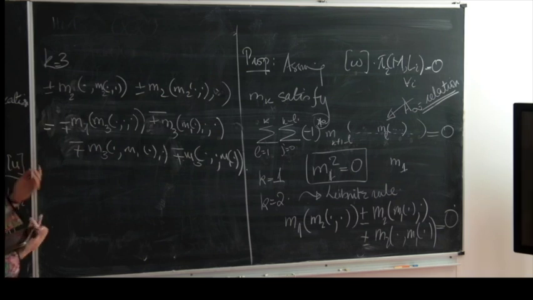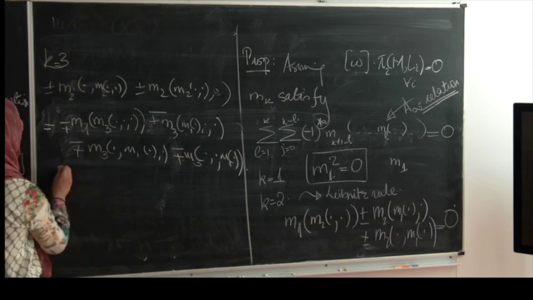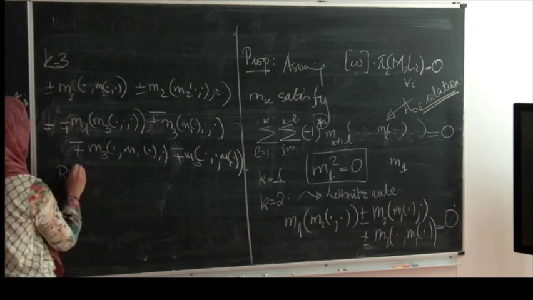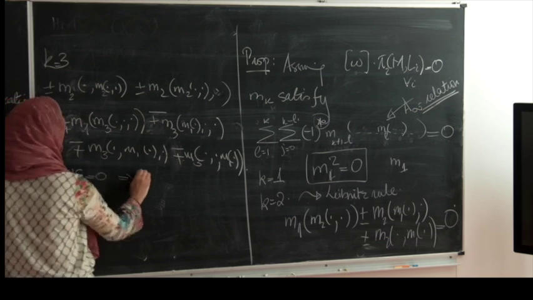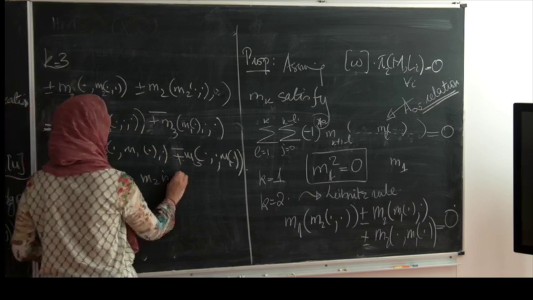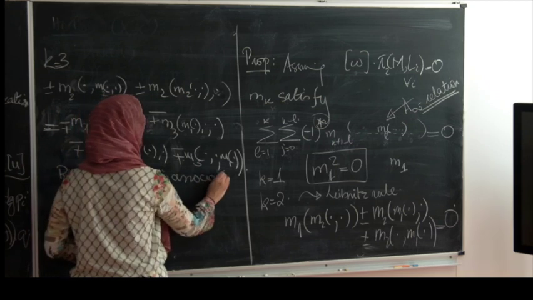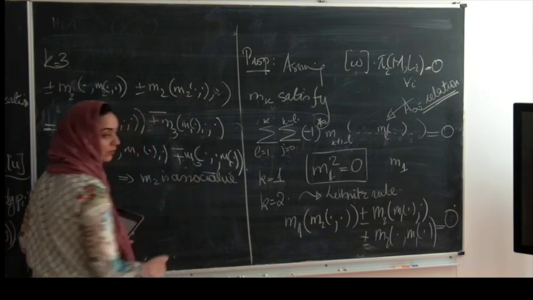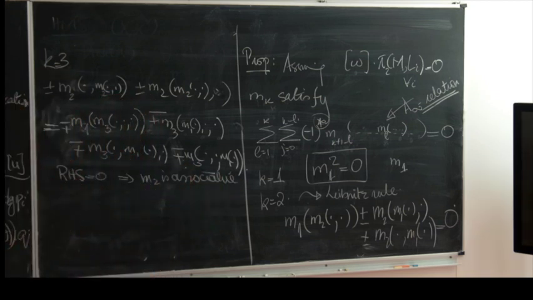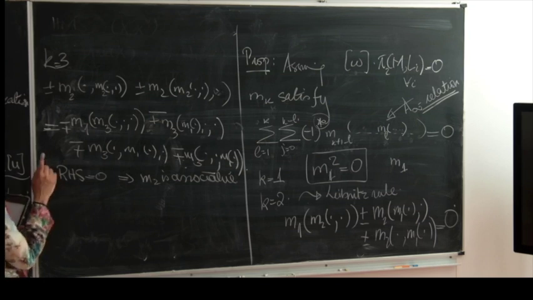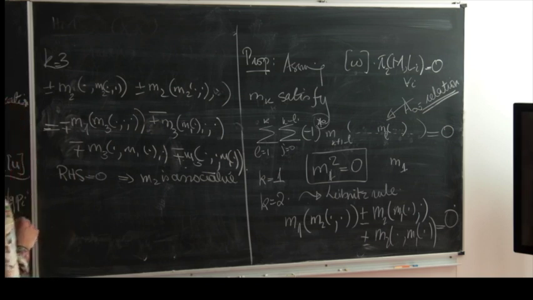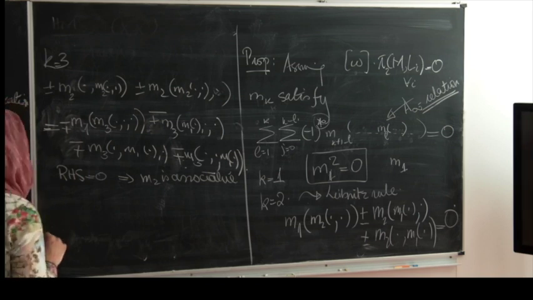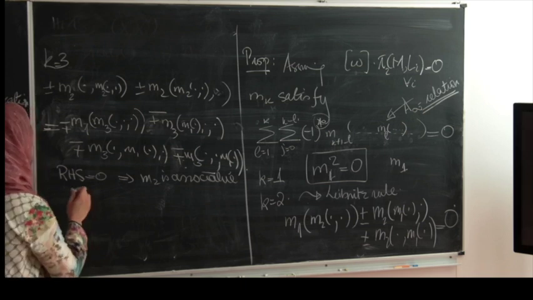You see that if the right hand side of this equation is 0, this means that M2 is associative. Yes? Right.